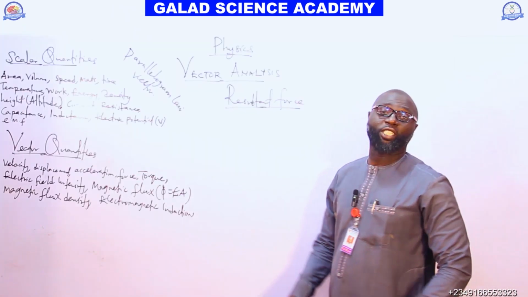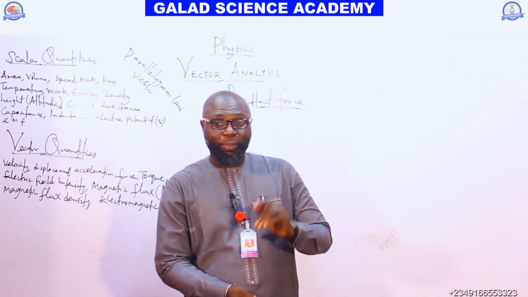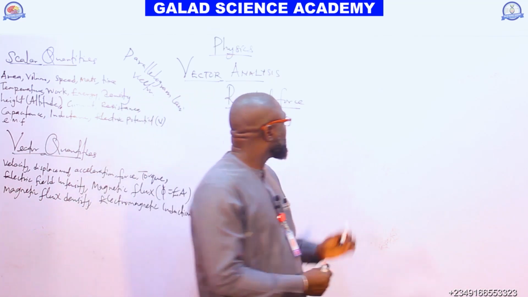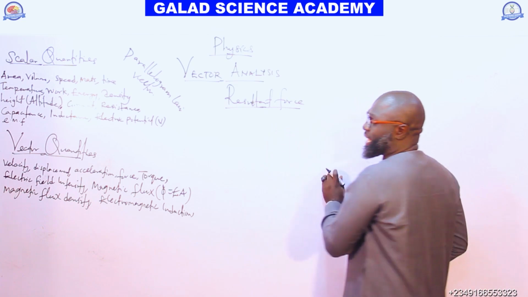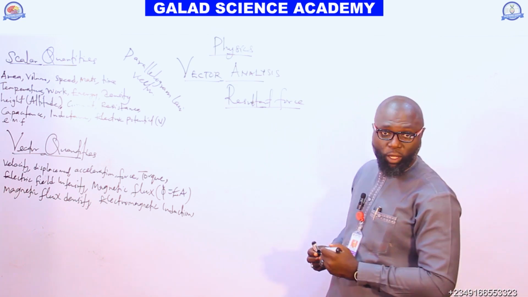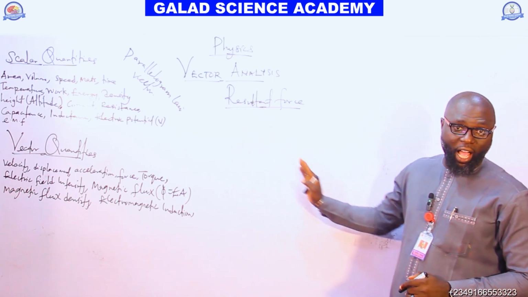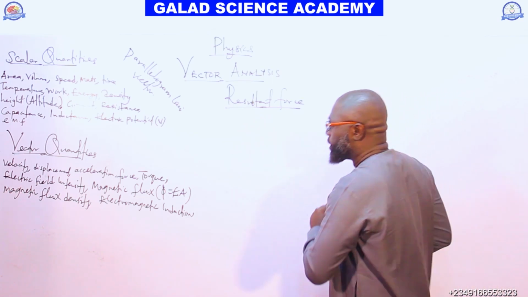Resultant force is a single force that can represent a number of forces acting on a body. A single force that can represent a number of forces acting on a body is called resultant force.